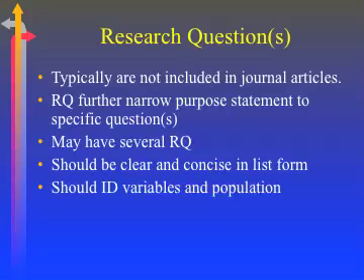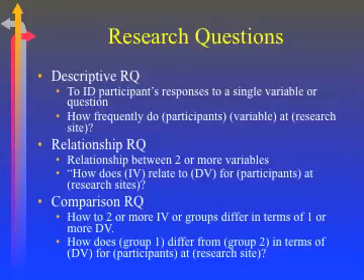And again, we should identify the variables and the population in our research question. Now, there are too many words on this slide. I would not typically recommend having this many words on a slide, but that's just the way it's going to be. So there are 3 main types of research questions.